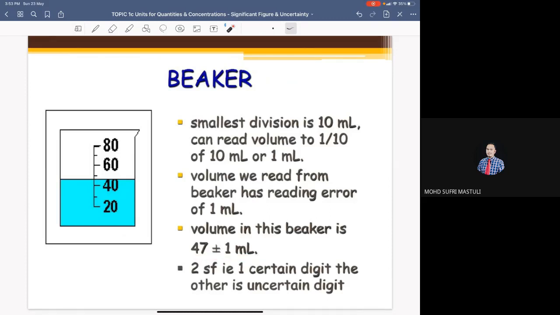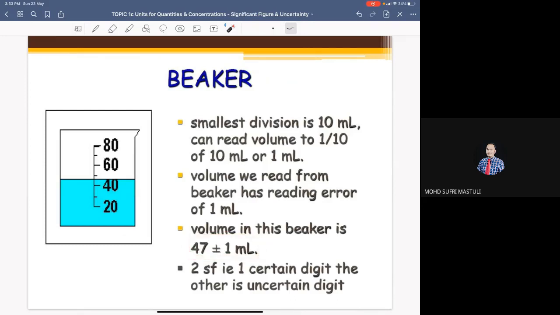Okay, because we assume the reading error is 1 ml, so we can measure 47. We just do the estimation. It's about 47 plus minus 1 ml.